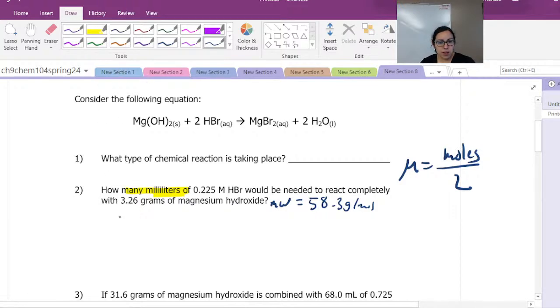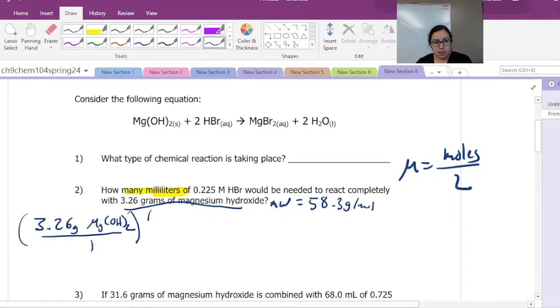We have it, right? We have grams of magnesium hydroxide. We have the molecular weight. So we can get moles, right? You guys are kind of scaring me a little. Right, so then we can do our moles. So 3.26 grams of magnesium hydroxide. So this is just what we're starting with. Then divide it by our molecular weight.